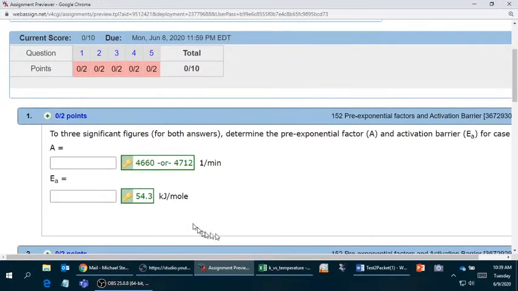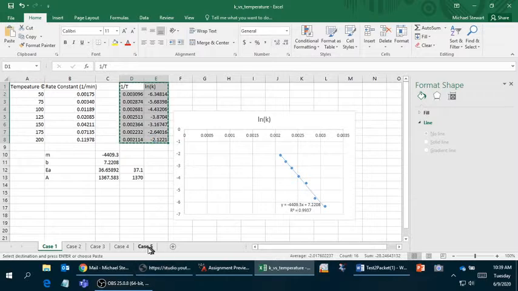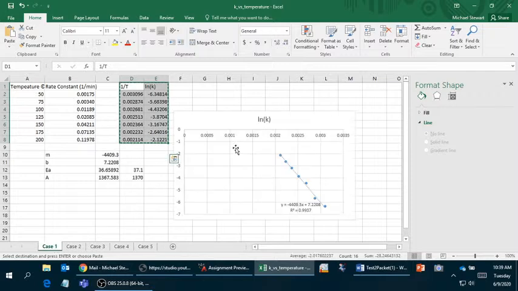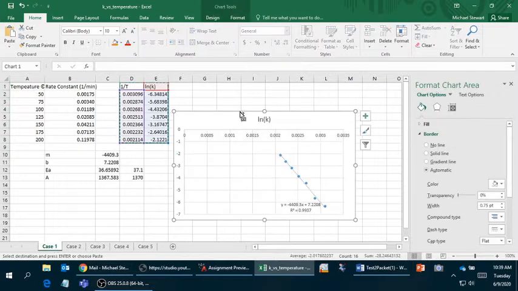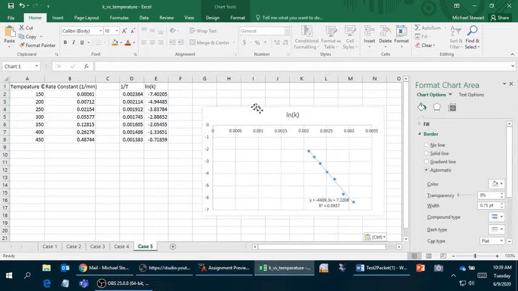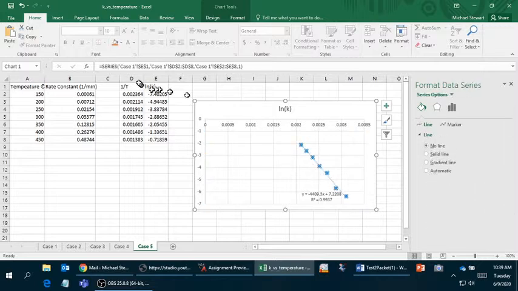As for case 5, which is the first problem in the homework, it's the exact same analysis. So we do 1 over T, natural log of K. So go ahead and get the Arrhenius plot.